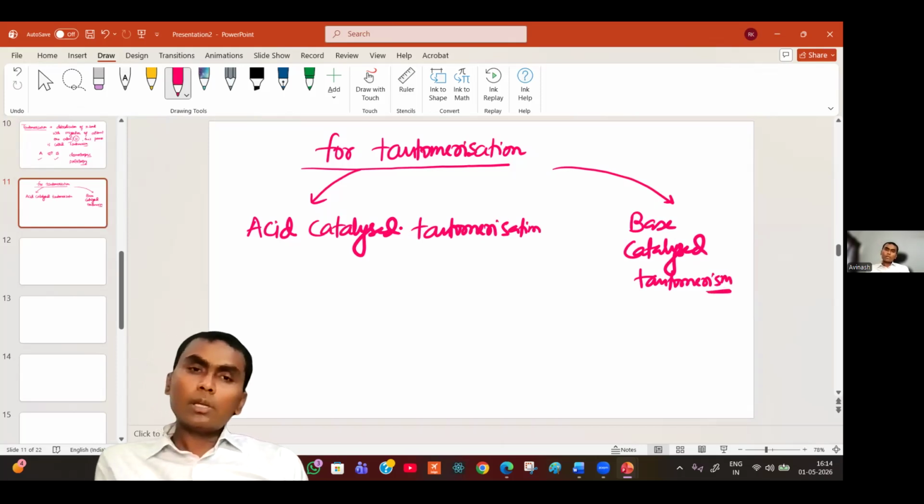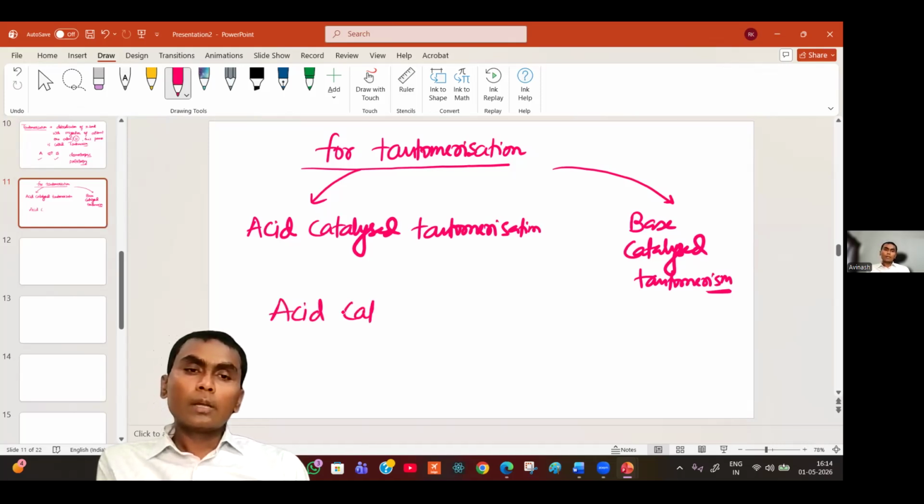Acid catalyzed means it occurs in the presence of acid, and base catalyzed means it occurs in the presence of base. First of all, we see acid catalyzed tautomerization.